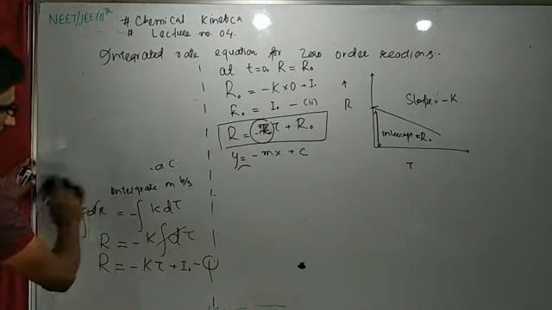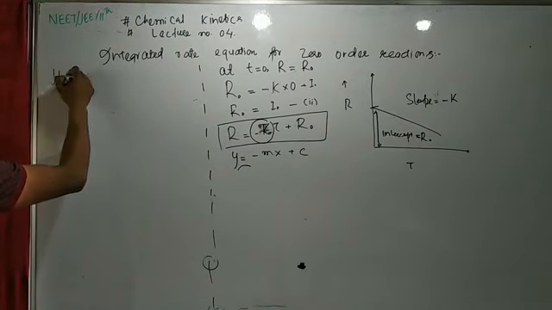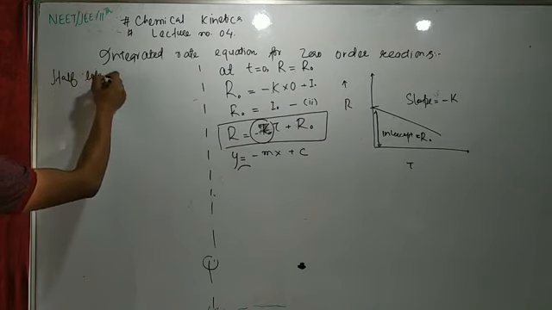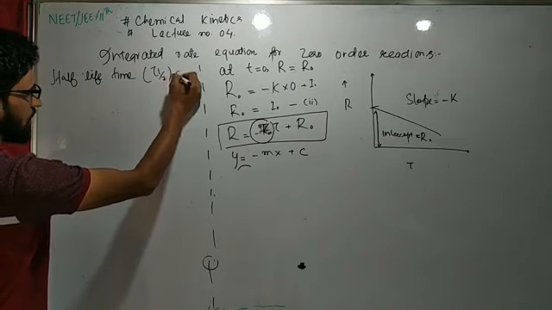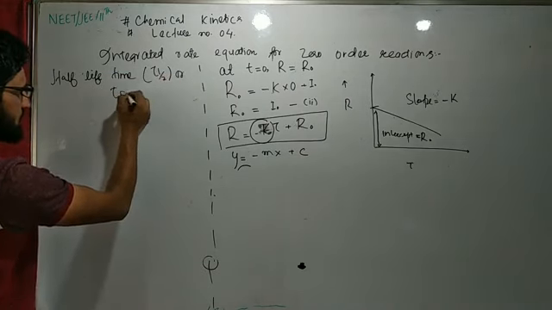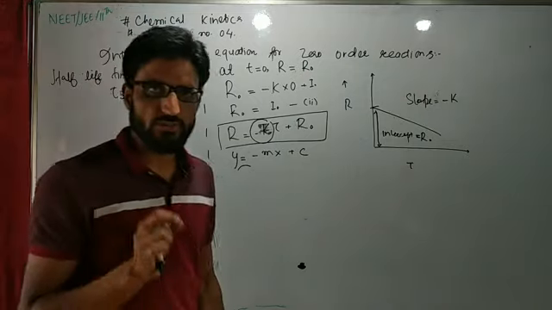Second point is the half-life time. Half-life time is represented by T half or T 50%. T 50% means 50% of reactants are converted into the products.